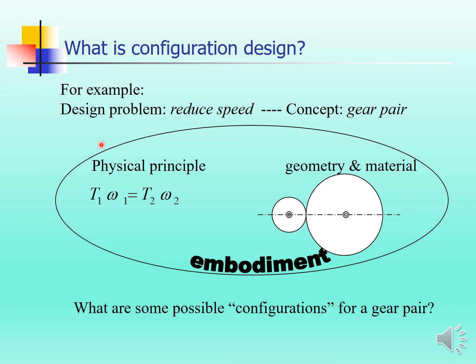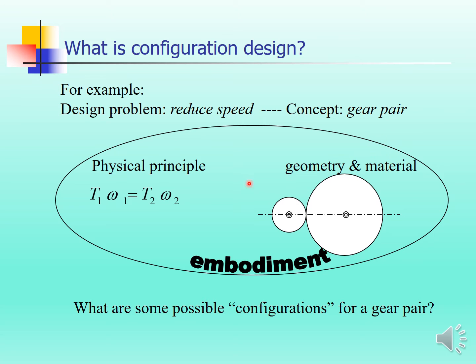Okay, what is configuration design? Configuration design is how we solve the problem. Okay, for example here we have a design problem, to reduce speed. We need to use, for example, a gear pair.